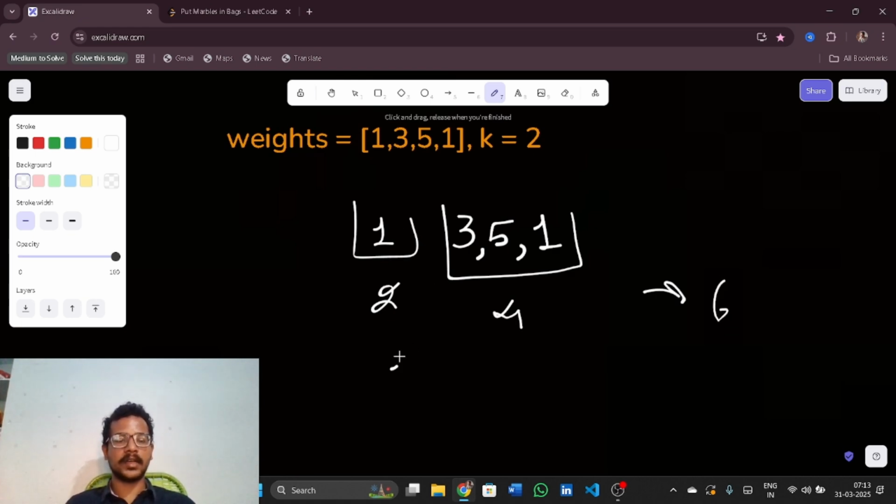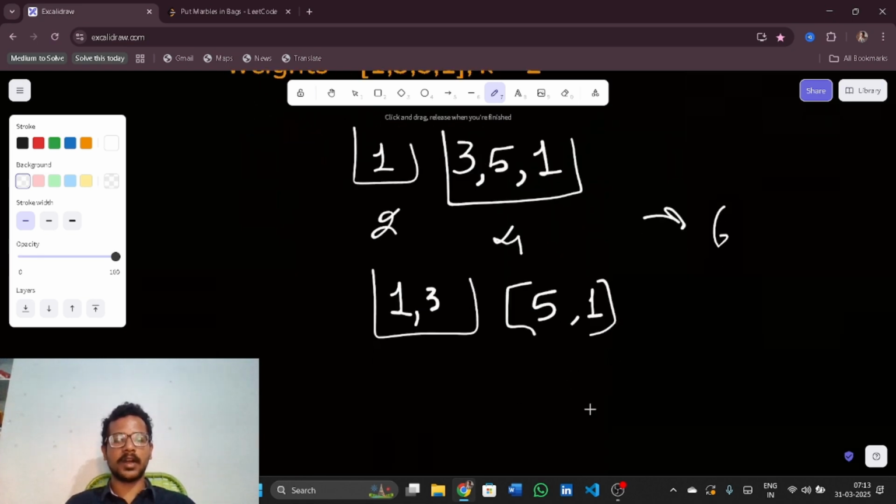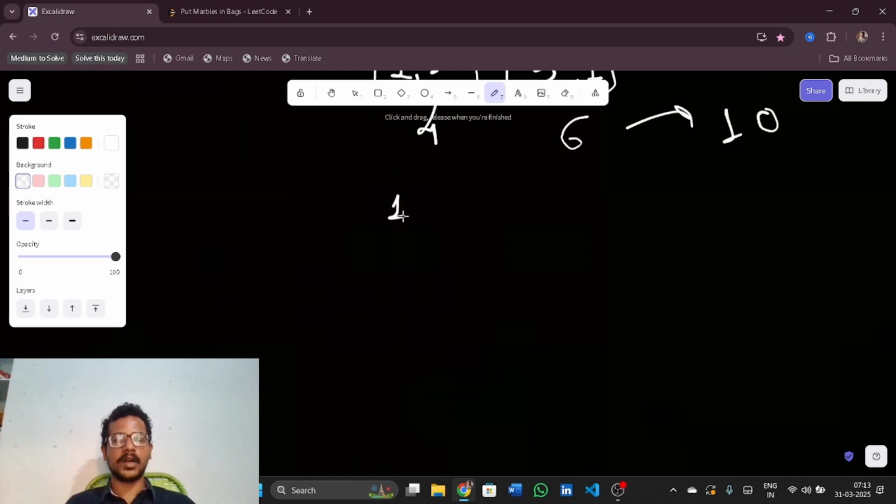Now I can take 1 and 3 in one bag and 5, 1 in another bag. So the score will be 1 plus 3 is 4 and 5 plus 1 is 6, and totally 10. Now I can take 1, 3, 5 in one bag and just 1 in the other.